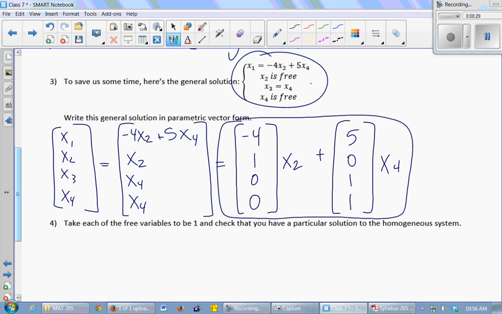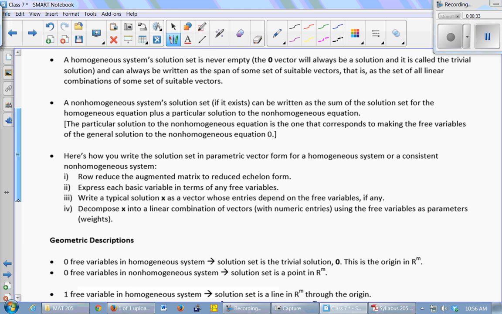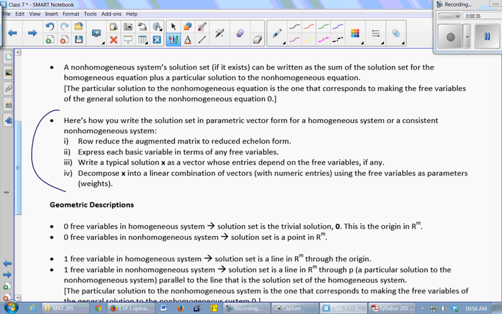There's a 4-step process written in your text about how to do this. I have it written right here. Row reduce the augmented matrix to reduced echelon form. You did that on your quiz, or we pretended we did that. Express each basic variable in terms of any free variables. Write a typical solution x as a vector whose entries depend on the free variables.